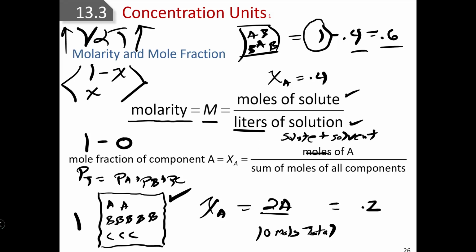So if you measure the molarity at room temperature, and then you measure it at, let's say, 90 degrees Celsius, the temperature went up, the volume went up, so the liters of solution is going to go up, and that's going to make the molarity less, because as the denominator gets larger, this is an inverse relationship, the molarity would be less. So molarity is temperature dependent.